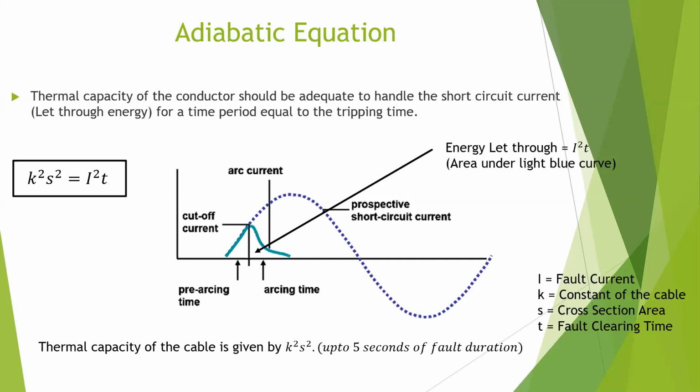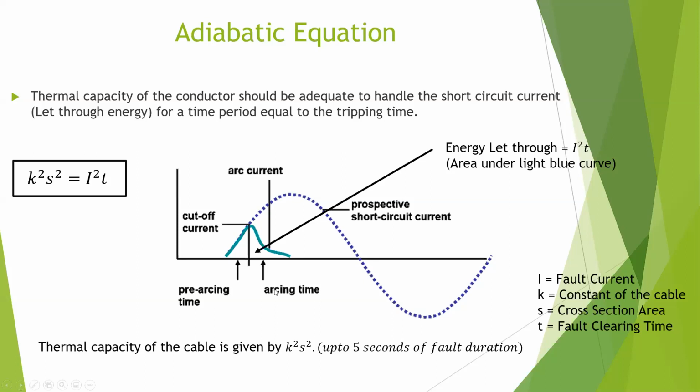This is evaluated by the adiabatic equation. The adiabatic equation evaluates the thermal capacity of the conductor. If the thermal energy released by the flowing short circuit current is lower than the thermal capacity of the conductor, your conductor is suitable for that design.